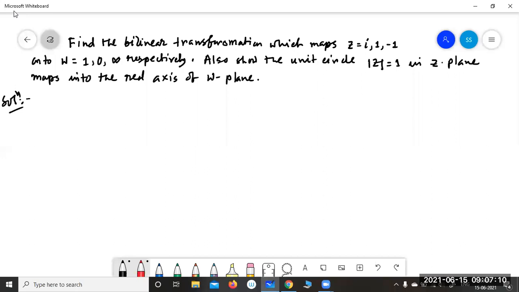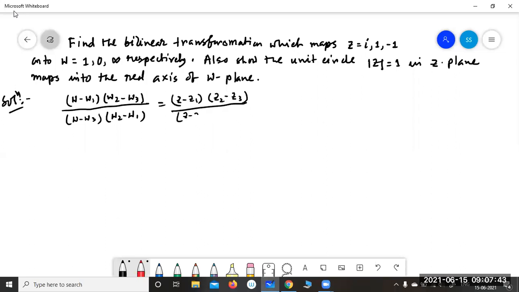At first, by the formula of the bilinear transformation, we have to find the bilinear transformation. So we know that (w minus w1)(w2 minus w3) divided by (w minus w3)(w2 minus w1) is equal to (z minus z1)(z2 minus z3) divided by (z minus z3)(z2 minus z1).